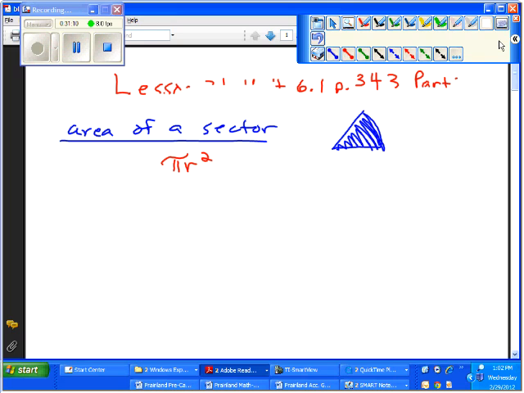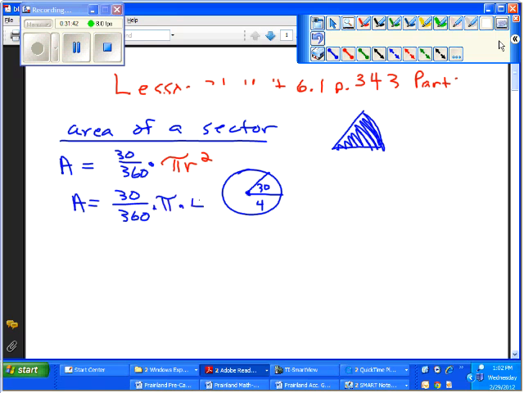So if we had a circle with a radius of 4, and an angle of 30 degrees, and we wanted the area of that slice of pizza, we would put 30 over 360 times the area formula.